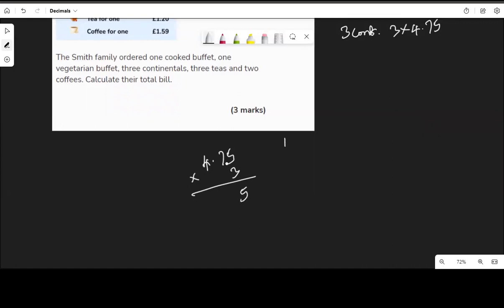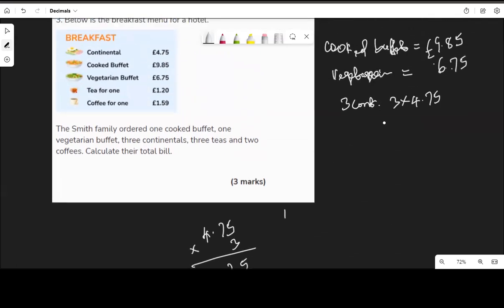Write 5, carry 1. 3 times 7, 21, plus 1, 22. Write 2, carry 2. 3 times 4, 12. 12 plus 2, 14. So 14.25.